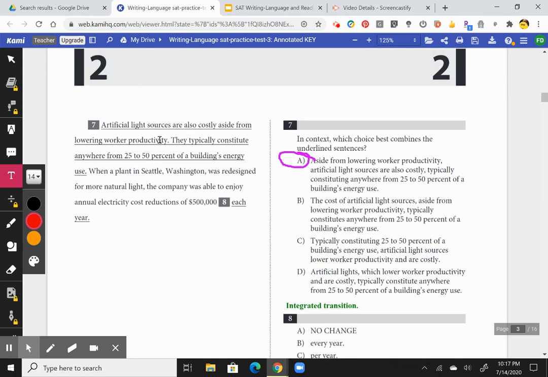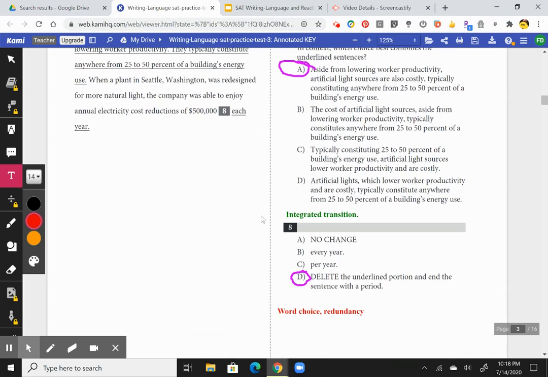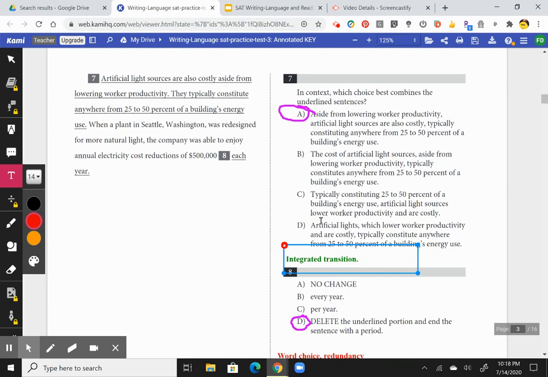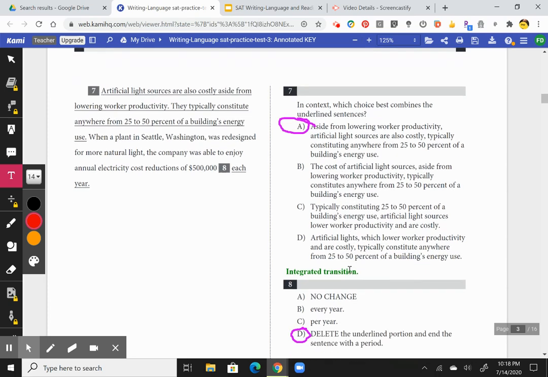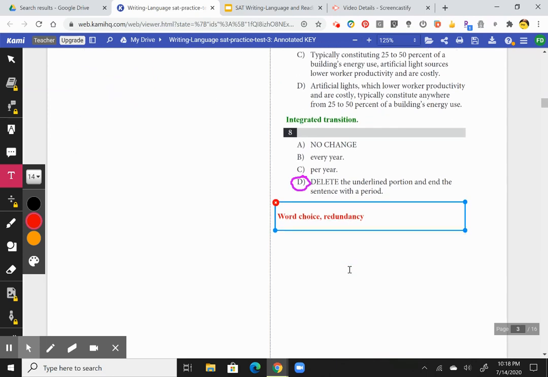Aside from lowering worker productivity, artificial light sources are also costly, typically costing anywhere from 25 to 50% of a building's energy use. This is the most concise and an example of an integrated transition. The rest of them don't connect the previous paragraph or are wordy.